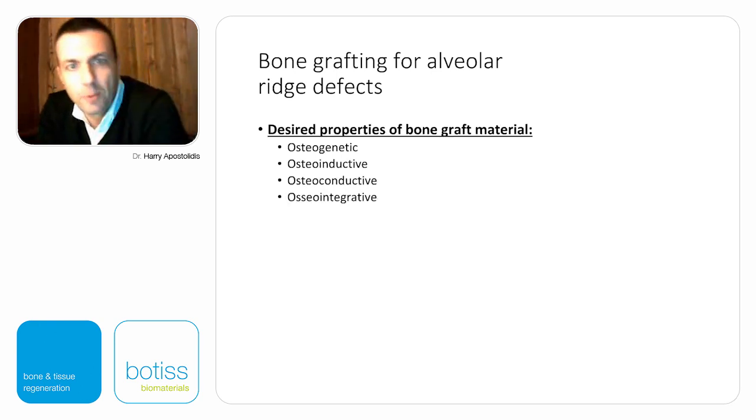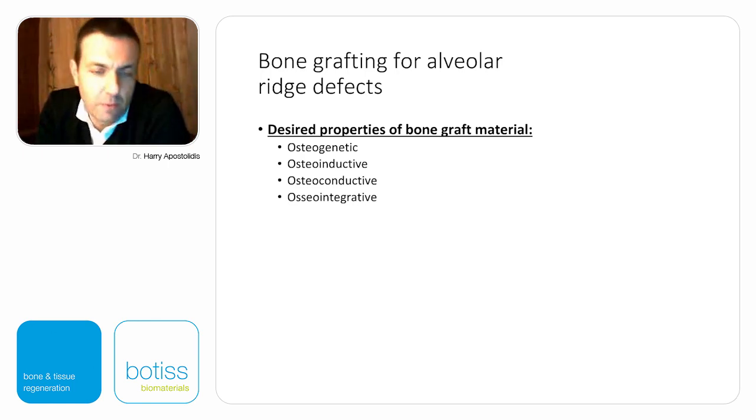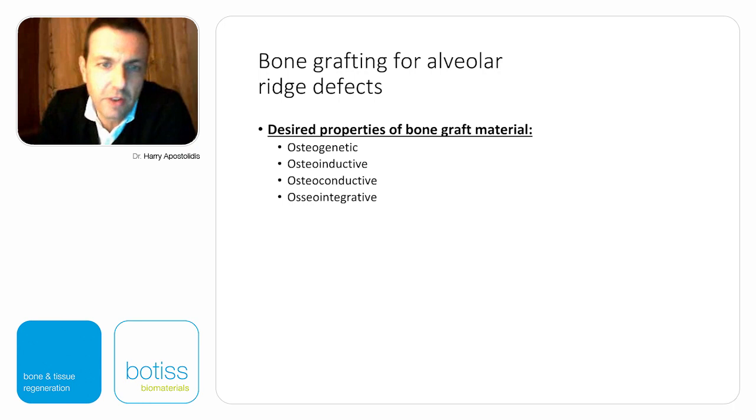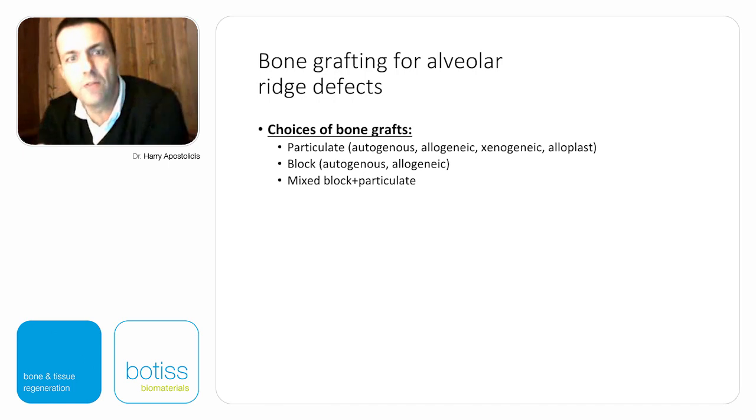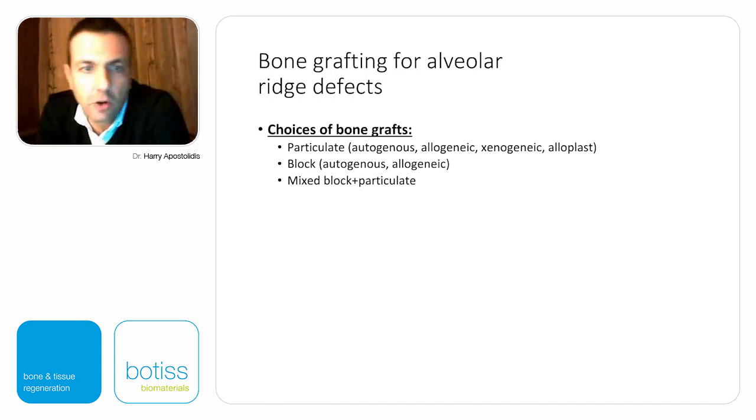So the desired properties, as you know, for the perfect bone graft material are: osteogenetic, osteoinductive, osteoconductive, and osteointegrative. But unfortunately, only one bone graft material has all these, and that's the autogenous bone graft. So the choices of bone graft that we have are either particulate, block, or we can mix it.